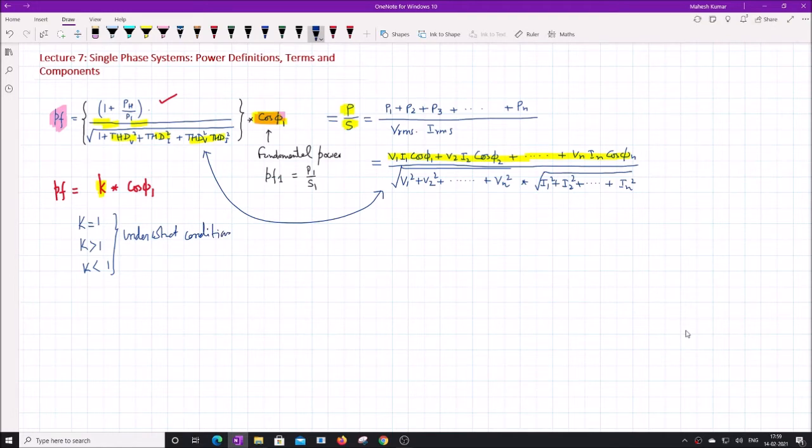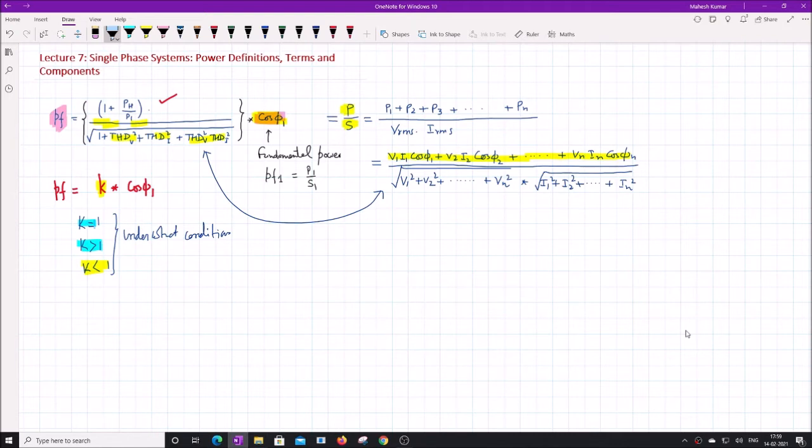If it is less than 1, it means the power factor has reduced. If it is greater than 1, the power factor is increased from the fundamental. And if it is equal to 1, it means the power factor is unity.